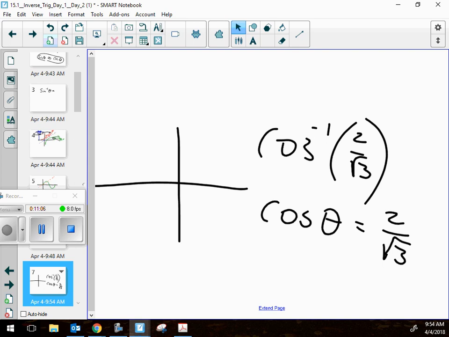Just start in the first quadrant. I know some of you are thinking maybe that cosine's also positive down here. Don't do that. I'll use that spot.